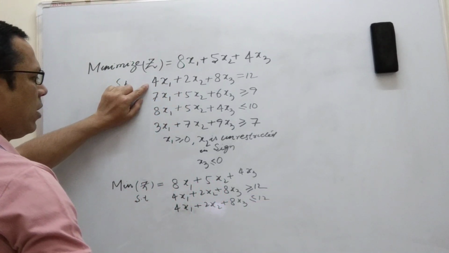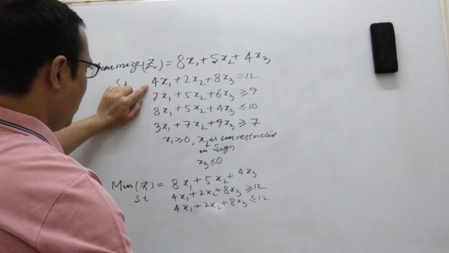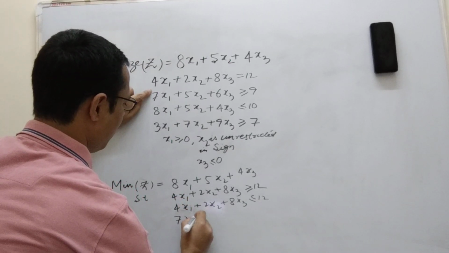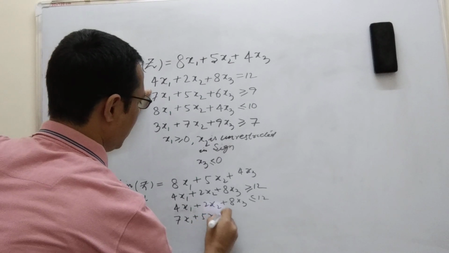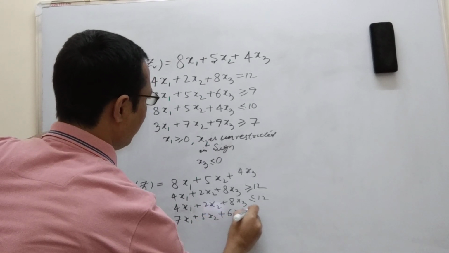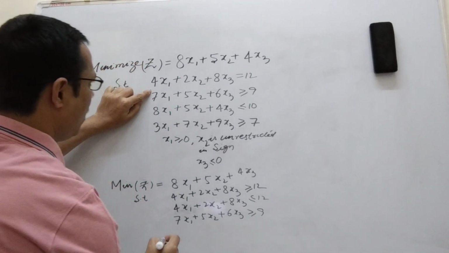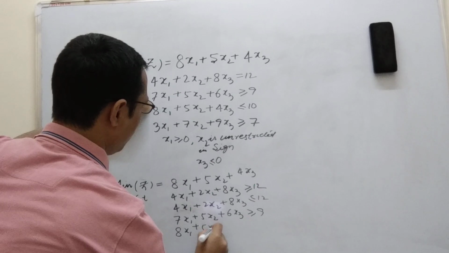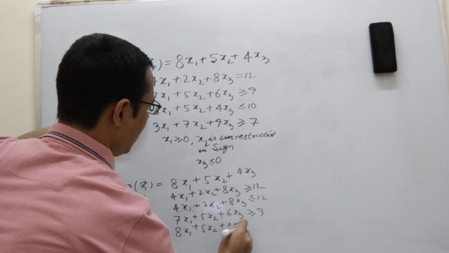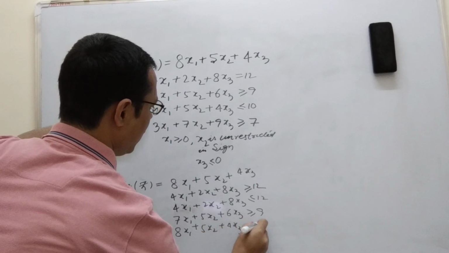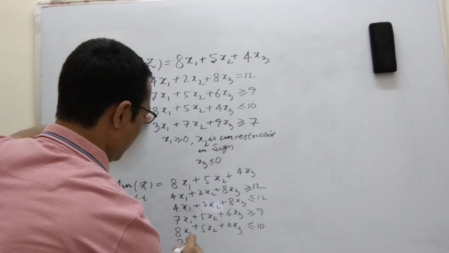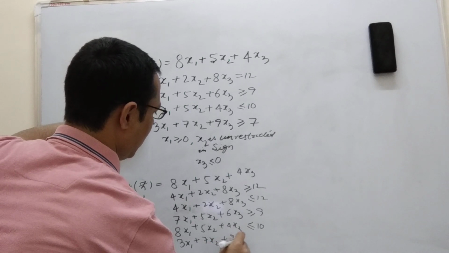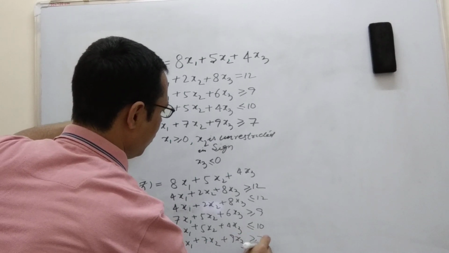Okay, so these equations have been changed into the form of inequalities. Now here 7x1 + 5x2 + 6x3 is given in the form of greater than equal to 9. 8x1 + 5x2 + 4x3 is given less than equal to 10, and 3x1 + 7x2 + 9x3 is greater than equal to 7.